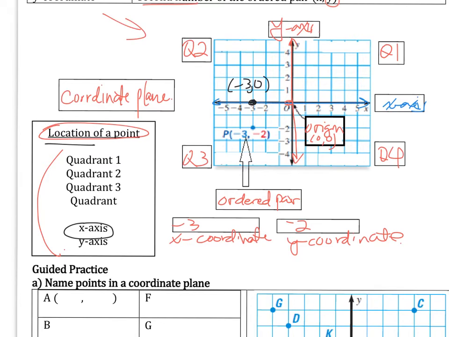The same would go for a point such as (0, 3): the location will be the y-axis. And one more, if you're given the point (0, 0), you will write the word origin as the location of the point.